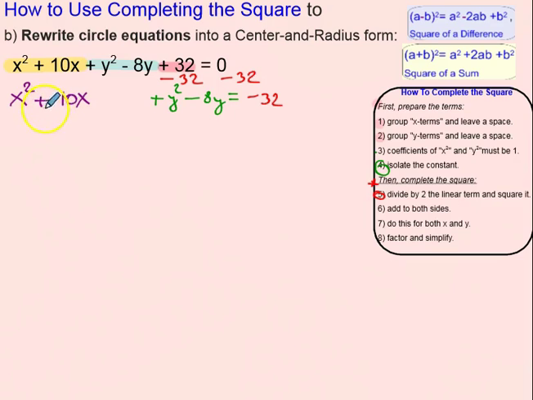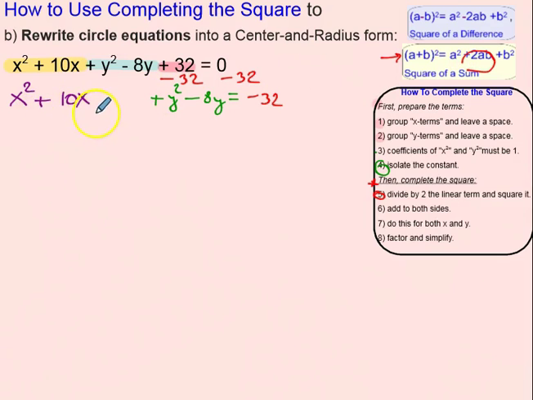I am noticing the plus here, so I will be going for the square of the sum. But either way, I will need to identify that b. So I will use the second term to figure out who that b was.